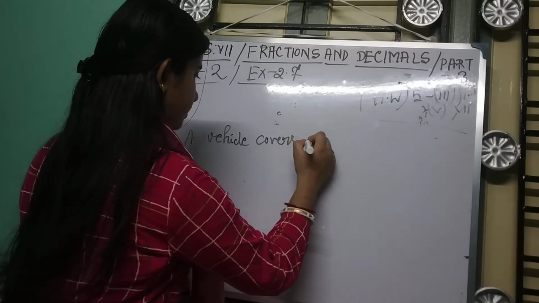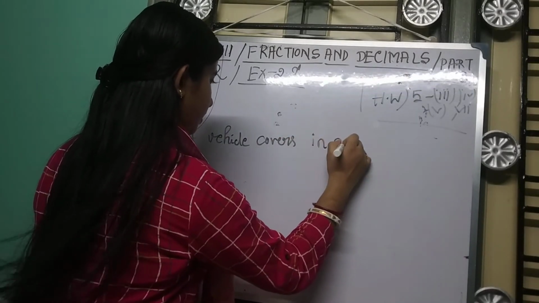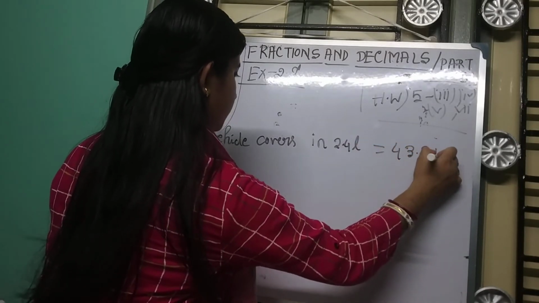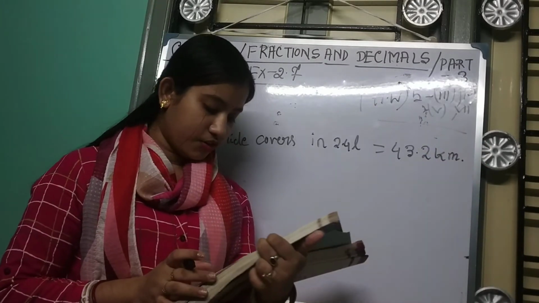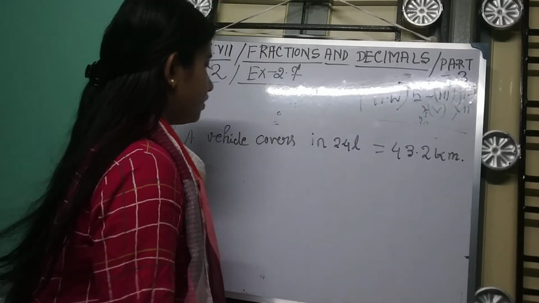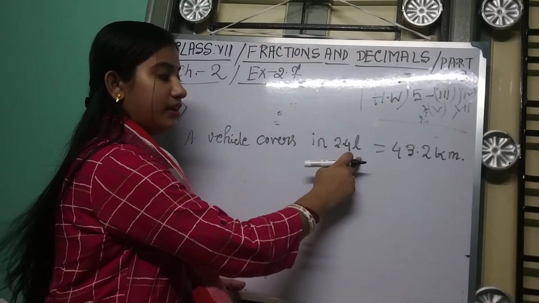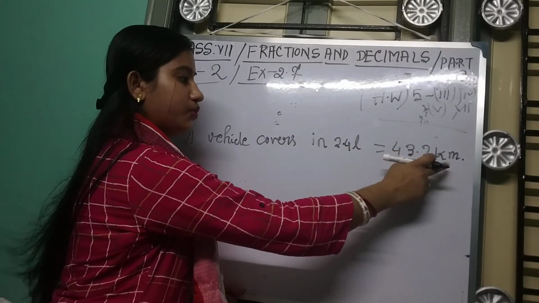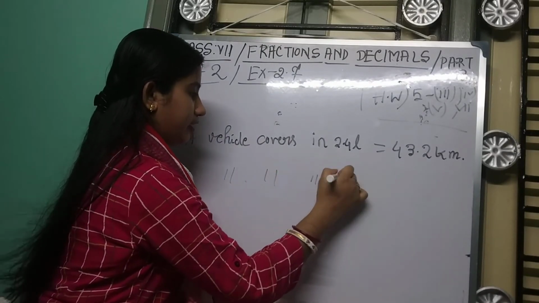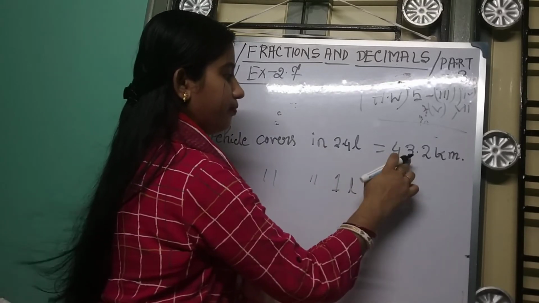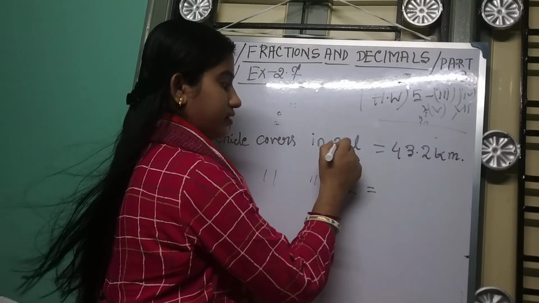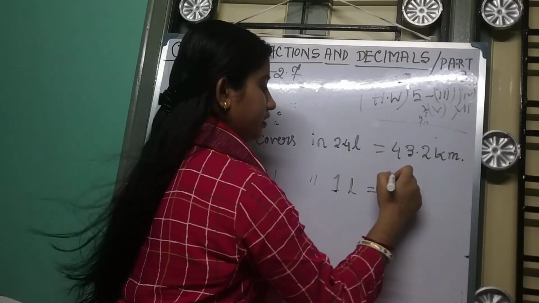And the question is, how much distance will it cover in 1 liter of petrol? So in 2.4 liters it covers 43.2 kilometers. So in 1 liter, we divide this by 2.4, because 1 is less than 2.4. That's why we divide this number.